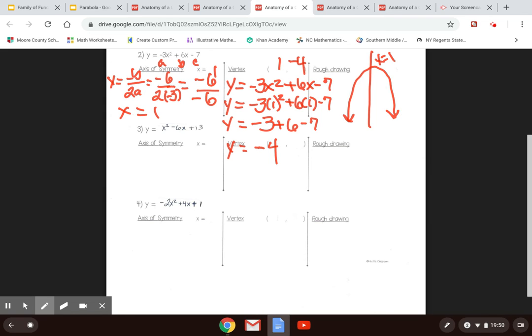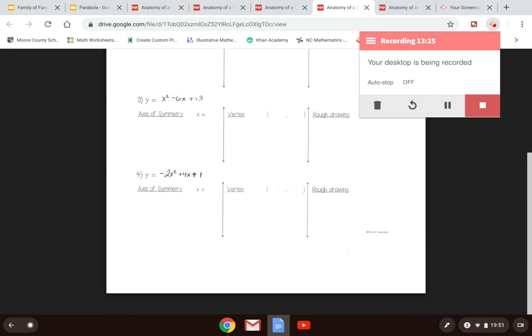And then right up here, my ordered pair for my vertex, which is my turning point, is going to be 1, negative 4. All right, so I'll pause a moment, make sure you get this down.